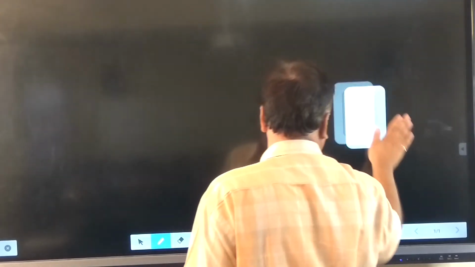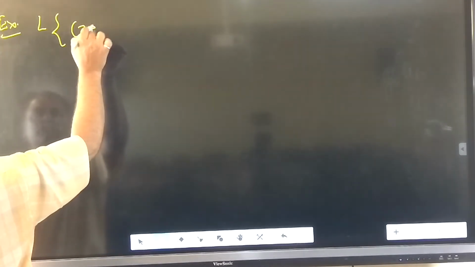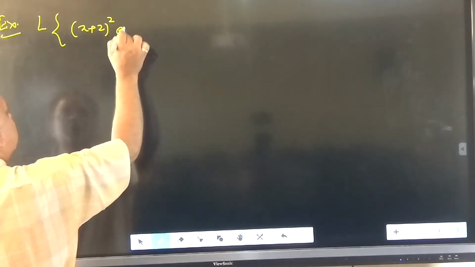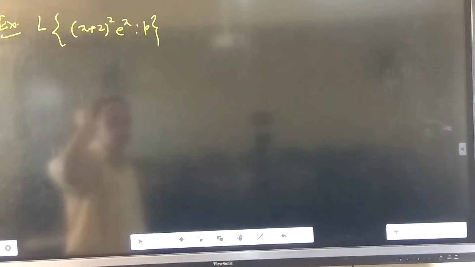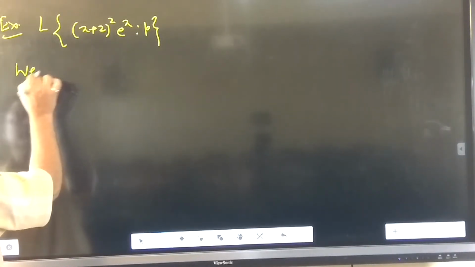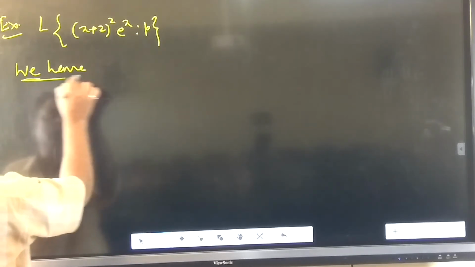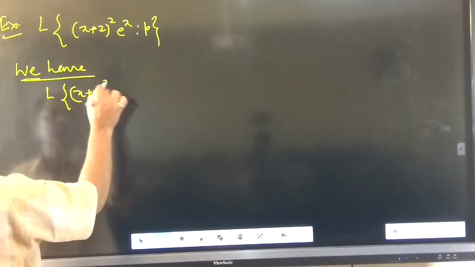First, if we find the Laplace transformation of the function (x plus 2) whole square e raised to x with respect to parameter p, we will use these properties. First we find the Laplace transformation of (x plus 2) whole square with respect to p.